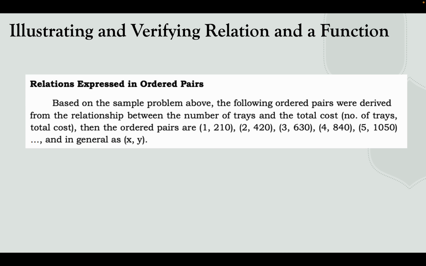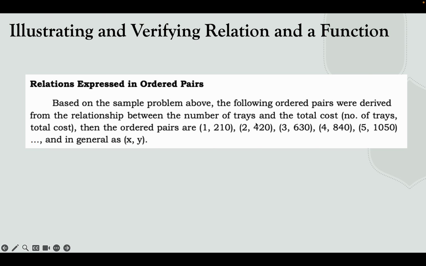Another representation is expressed in ordered pairs. Based on the sample problem on the previous slide, the following ordered pairs will be derived from the relation between the number of trays and the total cost, the number of trays paired with the total cost. In ordered pairs, if one tray, the cost is 210 pesos.